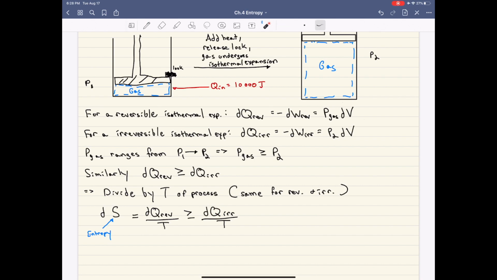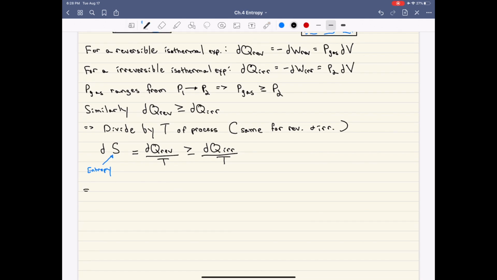Right? And so since we have these differentials on each side, what we could do is then integrate. And so if we take the integral from S1 to S2 of ds, this will just give us S2 minus S1, which we could call a delta S. And so our change in entropy is going to be equal to the integral of dq rev over T. And this is going to be greater than or equal to the integral of dq IRR over T. All right?